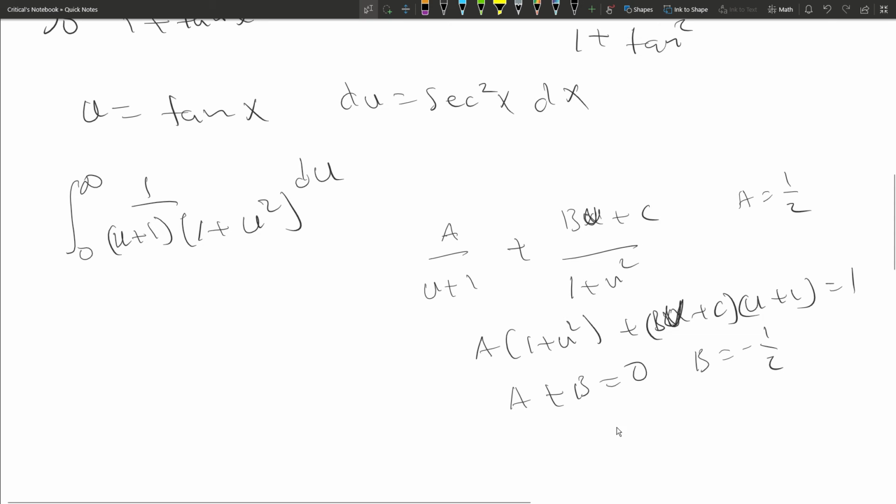And the constant term is A plus C on the left side, and the right side is 1, so C has to be 1/2, since A is 1/2. So this whole thing simplifies to 1/2.